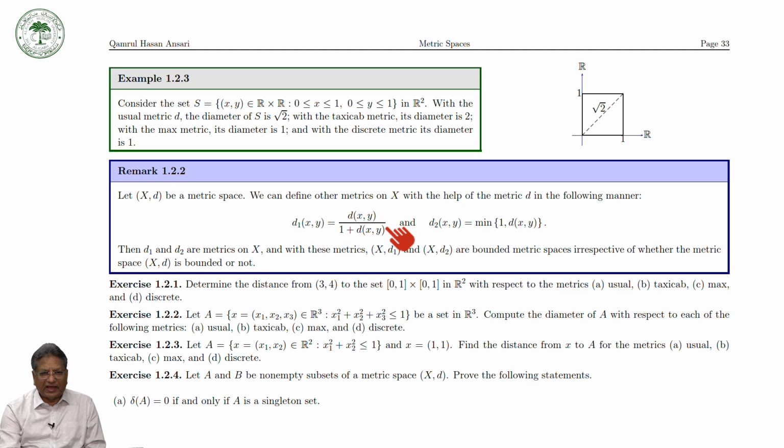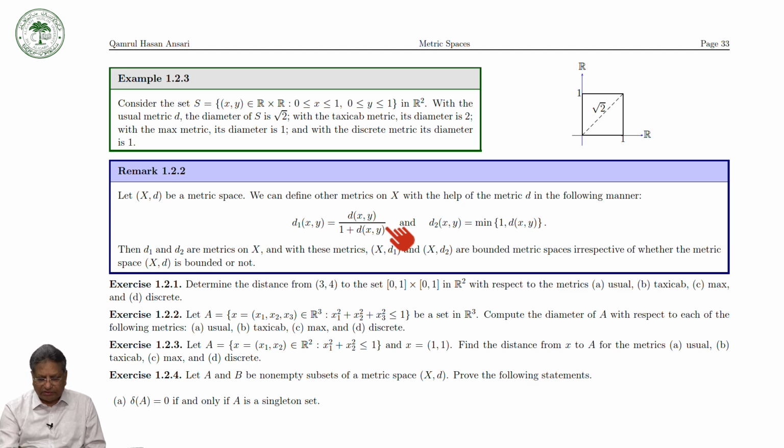So with the help of the given metric, we can define other metrics, that is d1 and d2. With respect to the metric d1 and with respect to the metric d2, X is bounded.